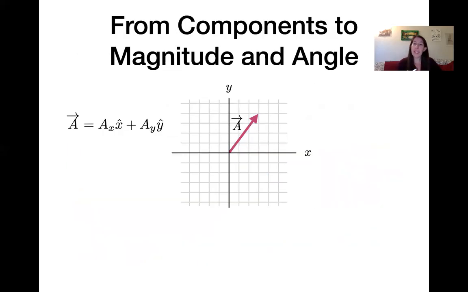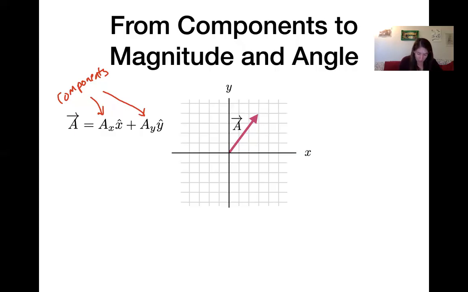So let's say I give you a vector and I tell you its components, which again, I'm often going to write as AX and AY, which again are just going to be some numbers that might have units.